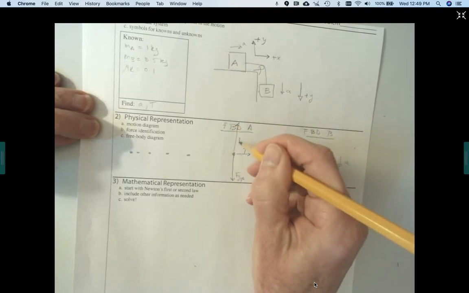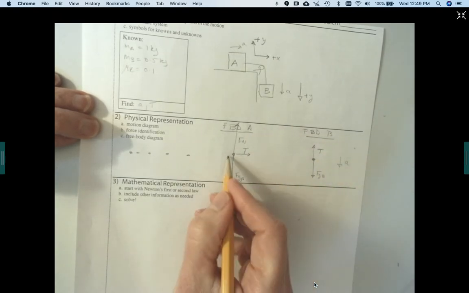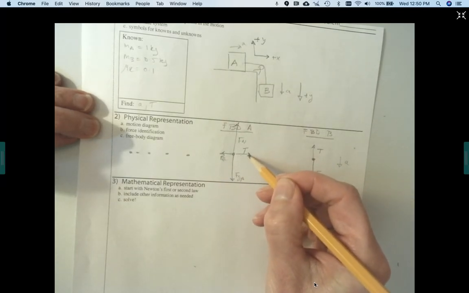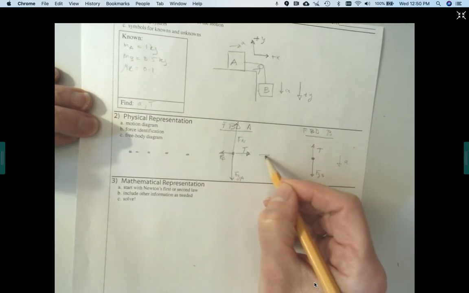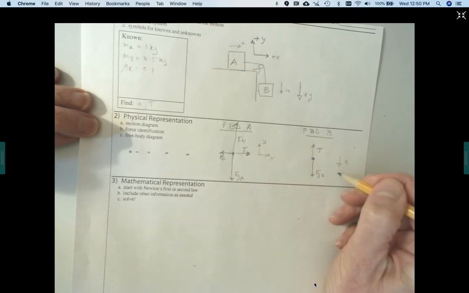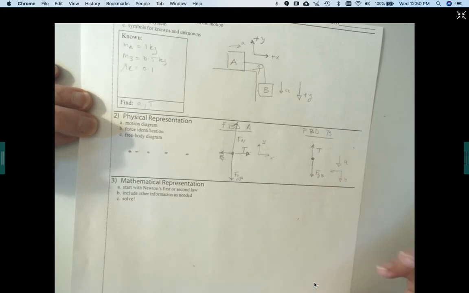It should be the same as gravity, same length, opposite direction, because we're not accelerating vertically. And then we have some force of friction resisting, but that should be less than the tension that's pulling to the right. Okay, so we still get an acceleration. And again, just as a reminder, my coordinate axes: plus y is down, and x can be over there.